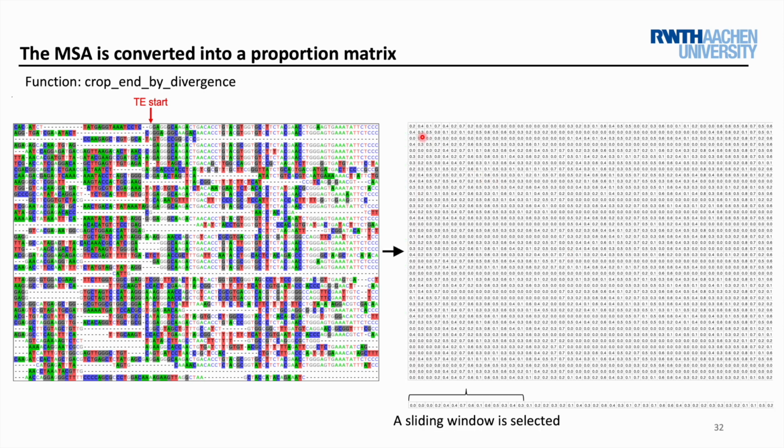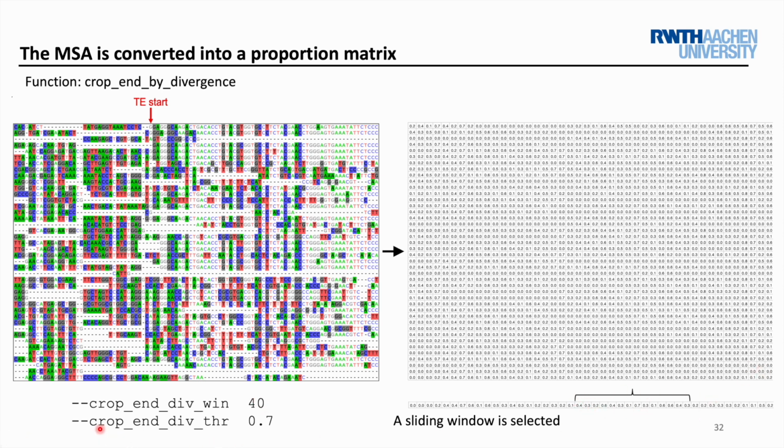Then for each row of this proportion matrix, this function will generate a sliding window. It will move nucleotide by nucleotide, or position by position, and stop when the sum of the proportion numbers included in the sliding window is greater than the threshold. There are two options you can set in TEtrimmer. One is crop end by divergence window. The default is 40, which means this window is 40.